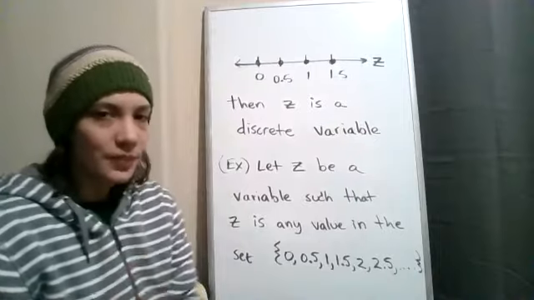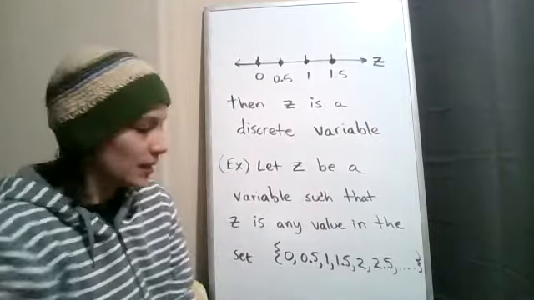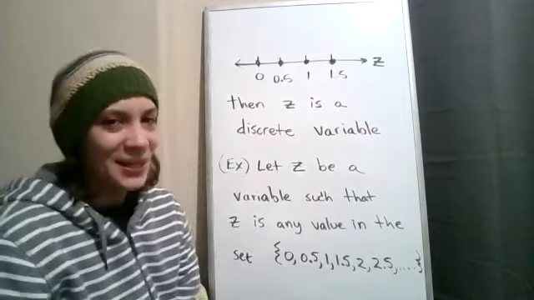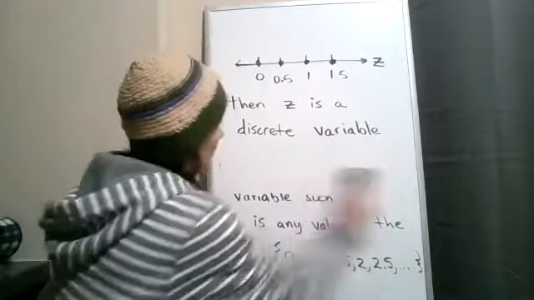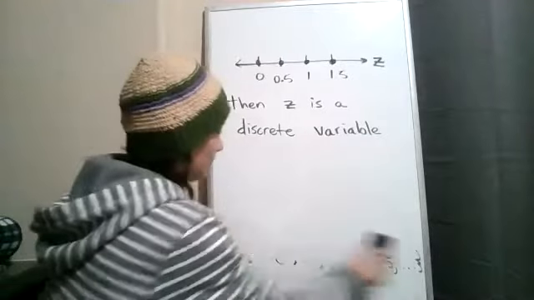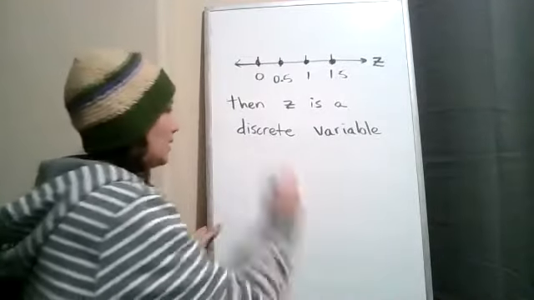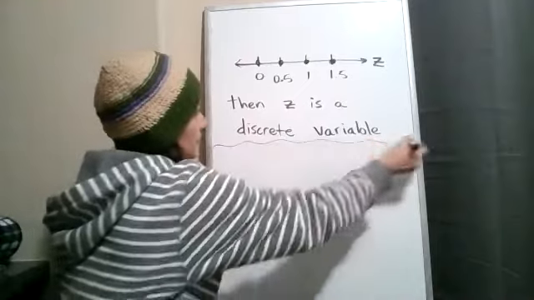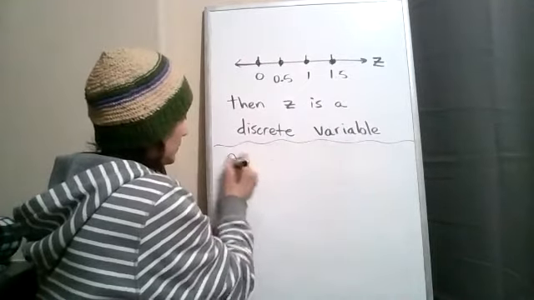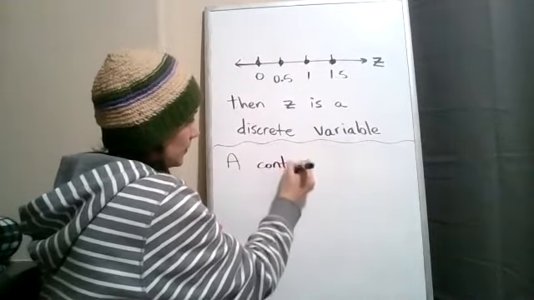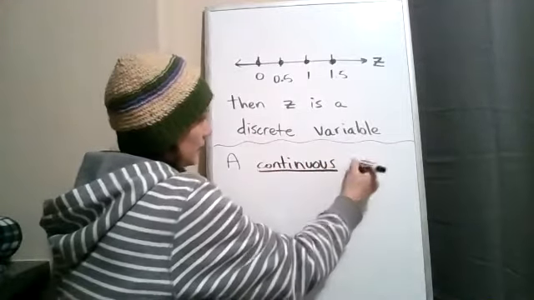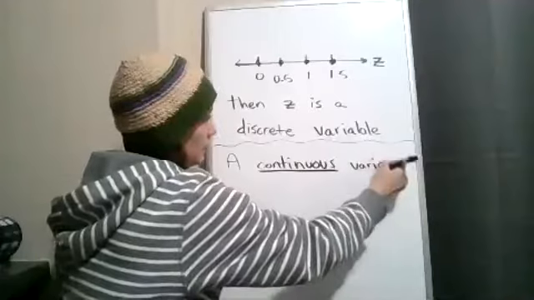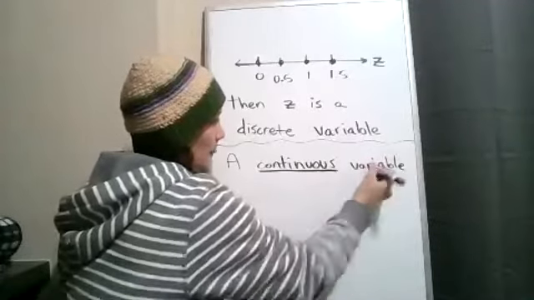Okay, so now we do the definition for continuous random variables.